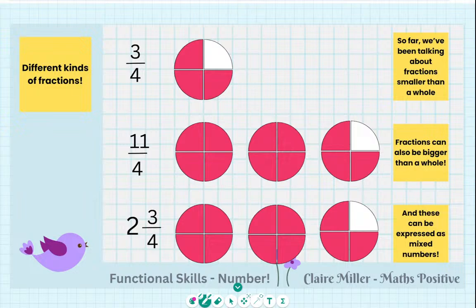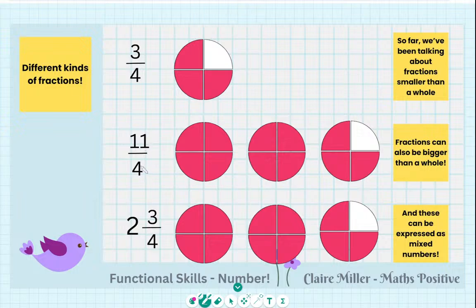So today, so far, and last week, we've been talking about fractions that are smaller than a whole. Smaller than the whole pizza or the whole circle or the whole square, like 3/4. Sometimes, though, fractions are bigger than a whole. Some of you might know that these are called improper fractions, but they're just a different type of fraction, aren't they? They have a bigger number on the top than on the bottom.